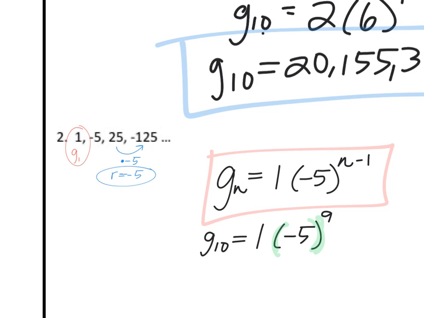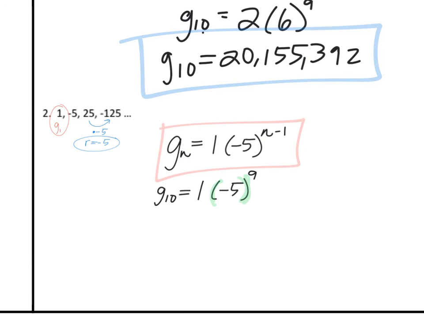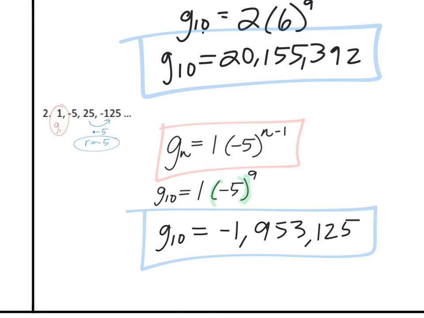This part matters. The 10th term is -1,953,125. This is the second part you have to have. So on each one of these questions, what's the equation? And then tell me whatever term I'm asking for.